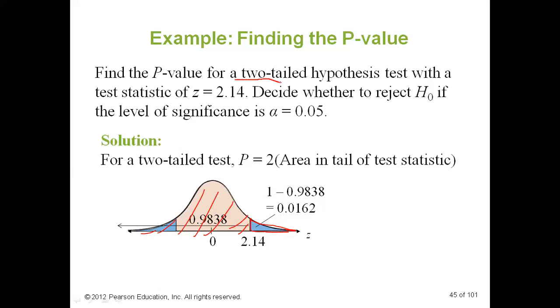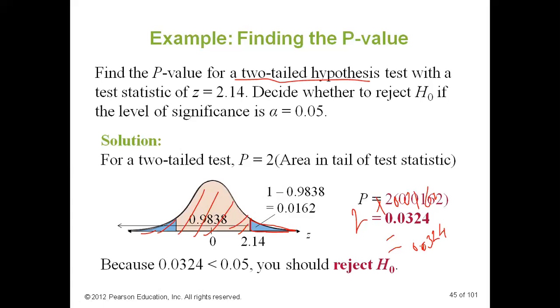Since it is clearly mentioned that it is a two-tailed hypothesis test, in case of a two-tailed hypothesis, whatever probability we are getting, we multiply that probability by 2. So 2 into 0.0162, we will get 0.0324.